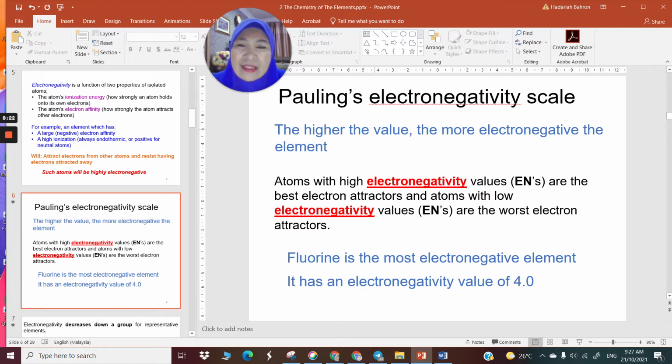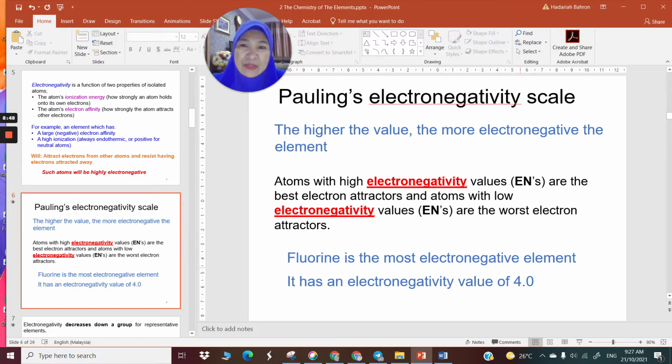The higher the Pauling's value, the more electronegative the element is. So atoms with high electronegativity values are the best electron attractors, and atoms with low electronegativity values are the worst electron attractors.